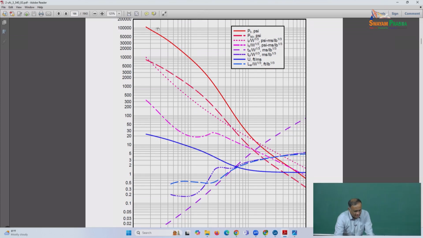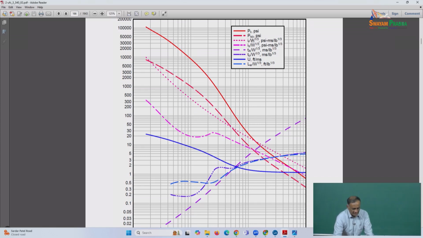So once again, notice this is PR, then PS. So it's an order here, I think. Then IR, then IS here. The scaled values are all given as divided by W power 1/3. The only things that are not scaled are U, PSO, basically the wave speed, and the pressures.